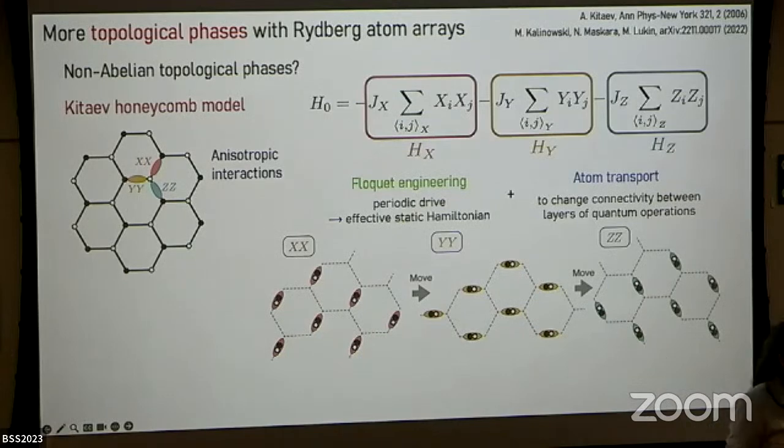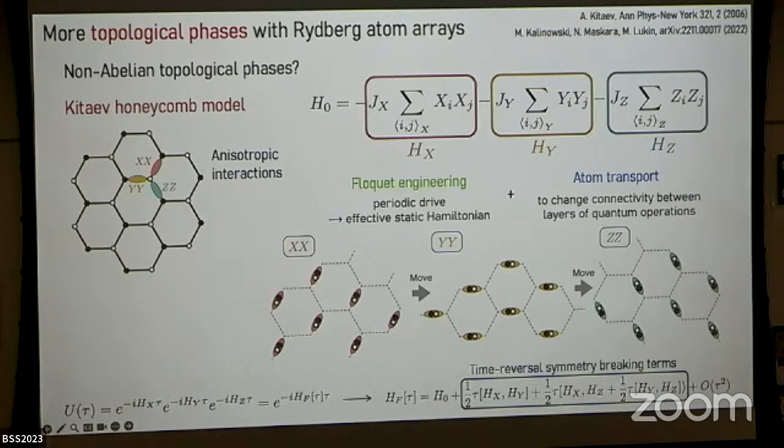You do this fast enough, you have this Floquet engineering of your Kitaev honeycomb Hamiltonian. This is an idea. I don't know how far in the future it is, but in principle, you can implement the right type of Hamiltonian doing this trick. I think it's a cool perspective, and hopefully we'll be able to do it soon.